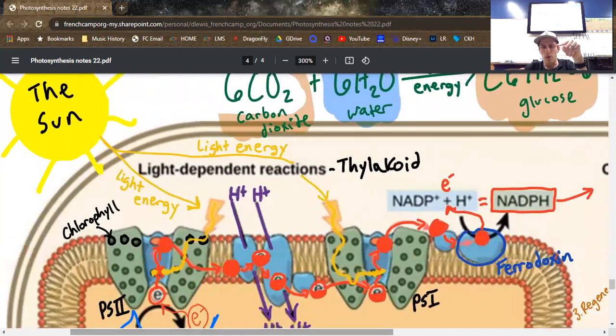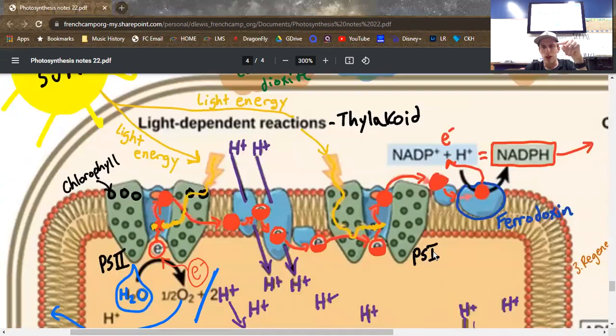So the whole point of this is that we are now going to be taking energy from the sun, visible light, converting it into a transferable chemical energy that can then be stored in a long-term chemical energy form known as glucose.